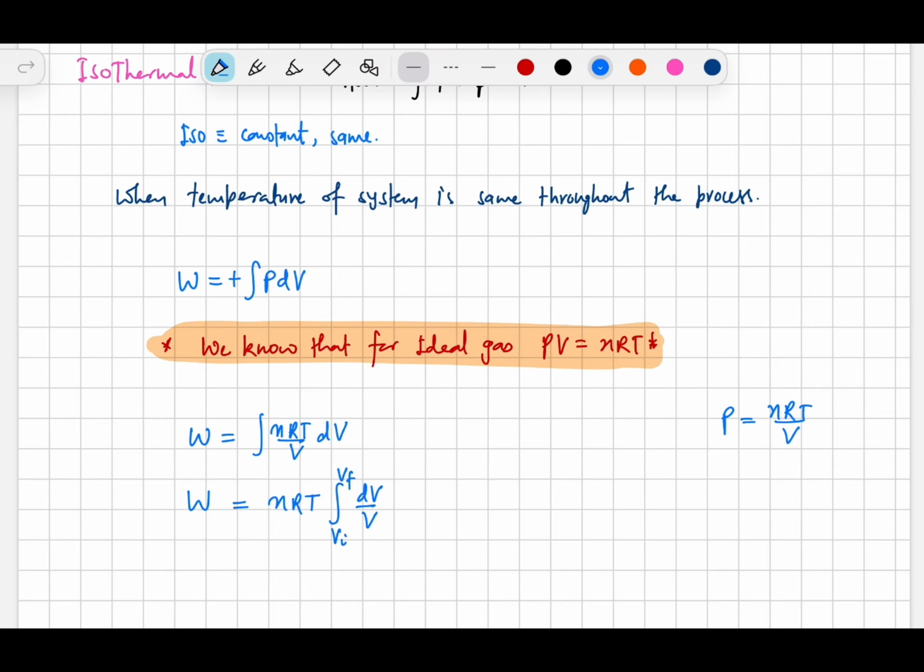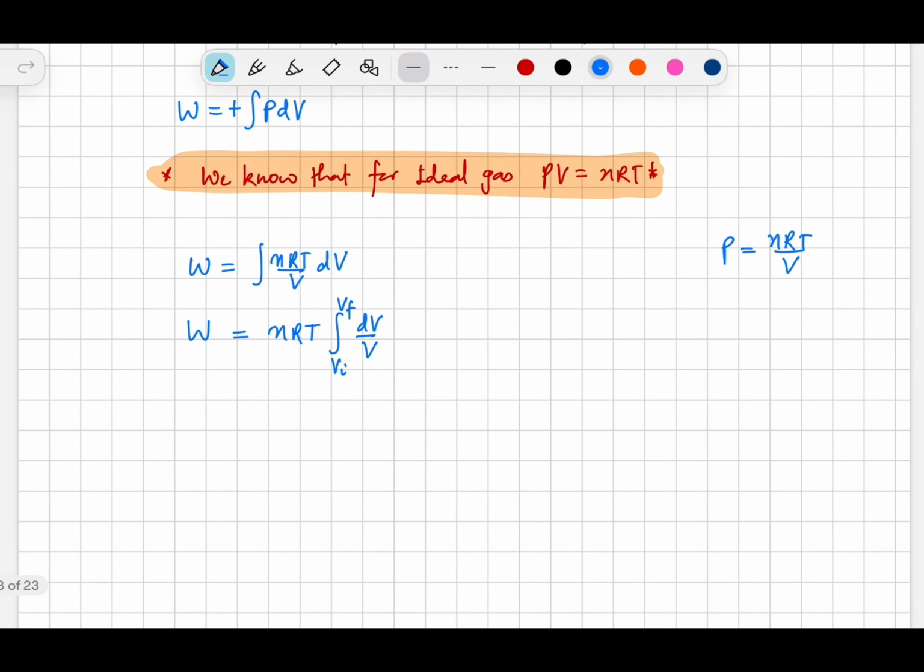You can integrate it like this, and it will become nRT ln V final by V initial. Okay, so this is very trivial to find out. This is the work done, nRT ln Vf by Vi.